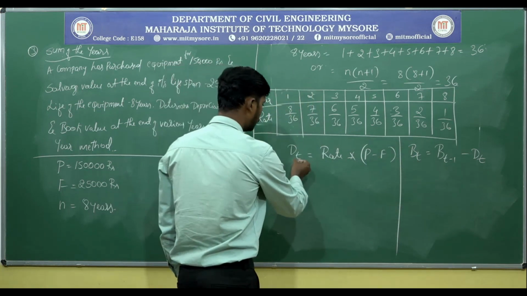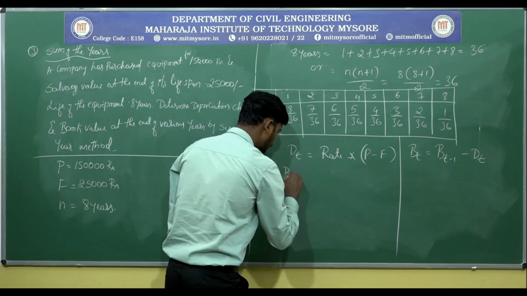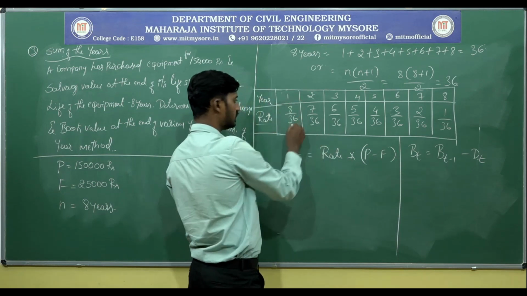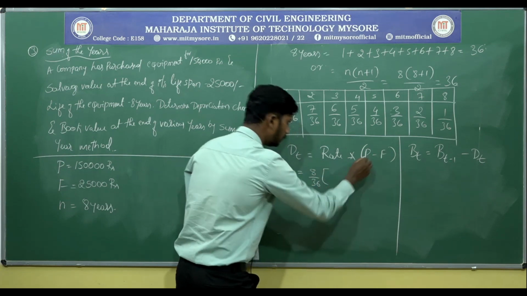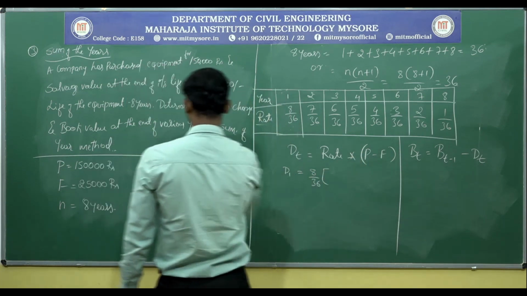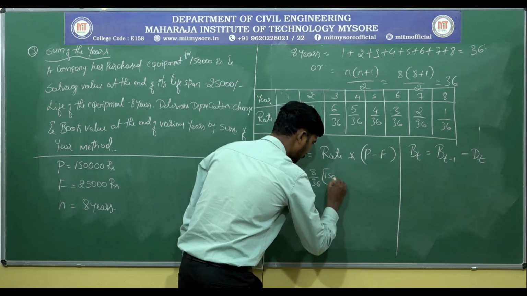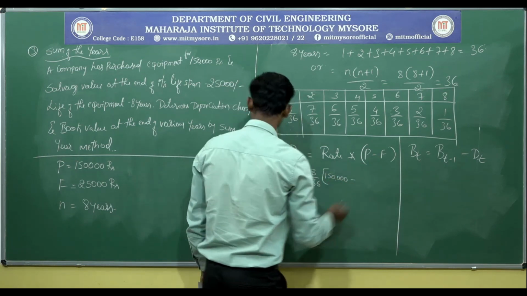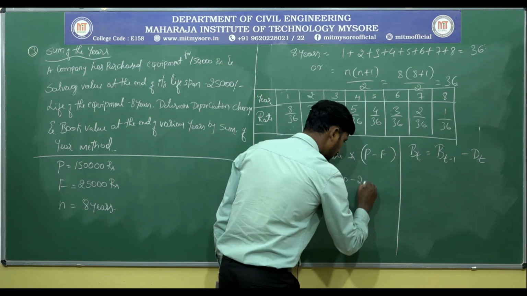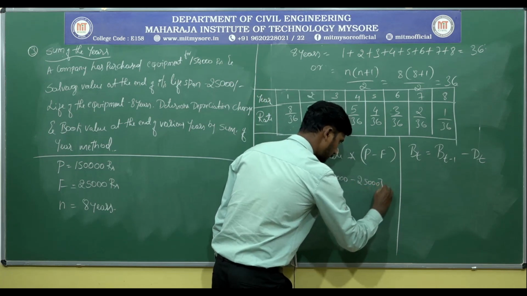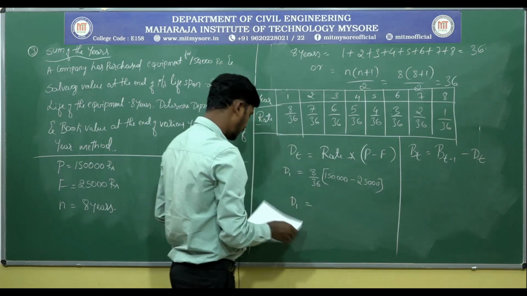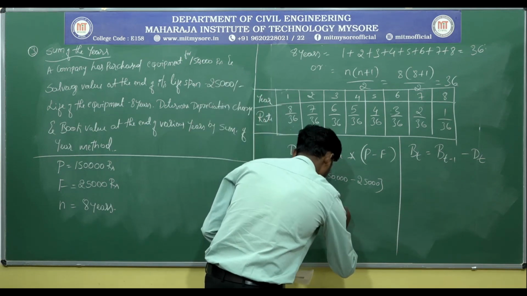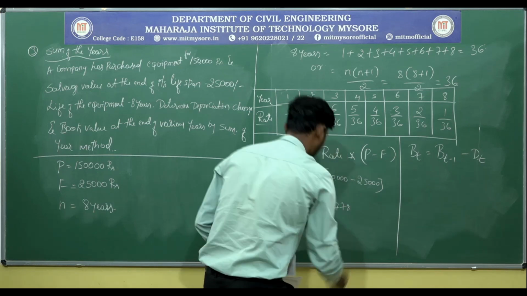So now how to calculate this depreciation? For the first year, what is the first year's rate? 8 by 36 multiplied by P, initial value, how much? 1,50,000 minus F, salvage value, 25,000. So depreciation in the first year would be 27,778.